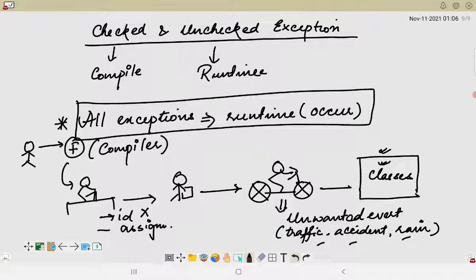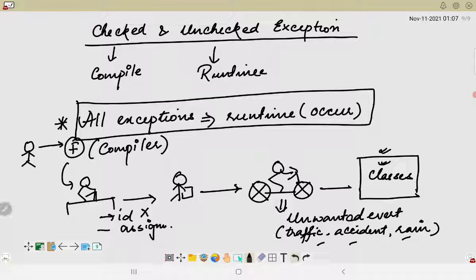However, there are certain exceptions which occur during runtime, and the compiler will not be able to check those. Both compile time exceptions and runtime exceptions always occur at runtime only.